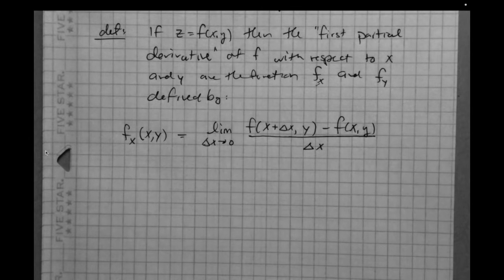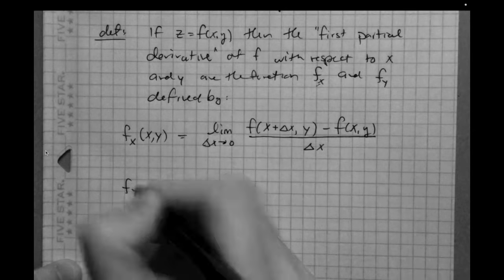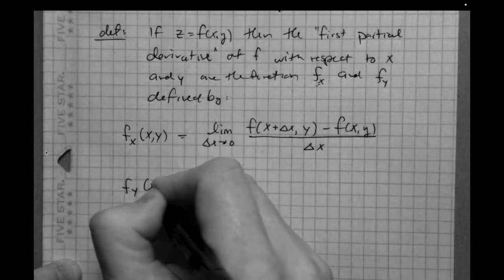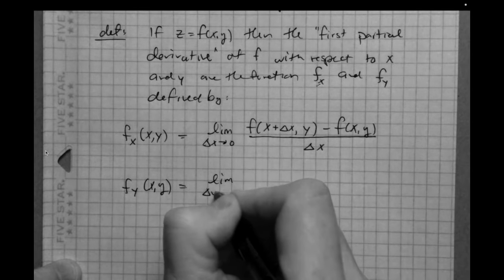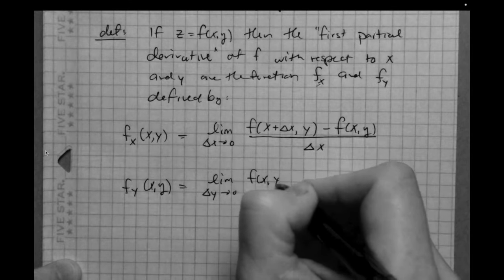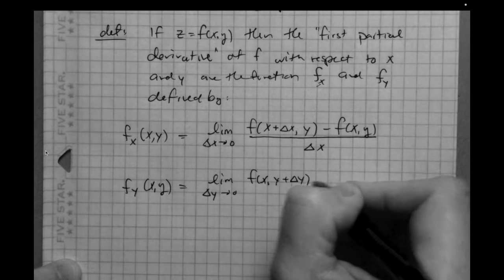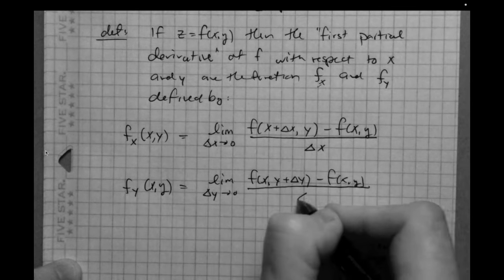Okay, and just for completeness' sake, let's put in the partial derivative with respect to y. That's going to be f sub y of x comma y. It's equal to the limit as delta y goes to 0 of f of x comma y plus delta y minus f of x comma y all over delta y.